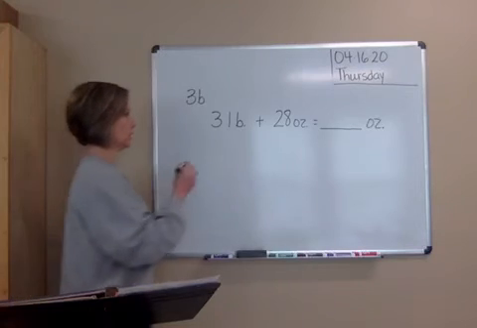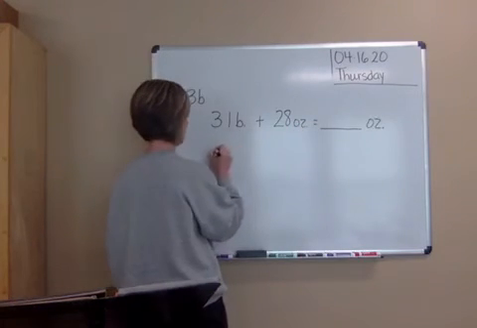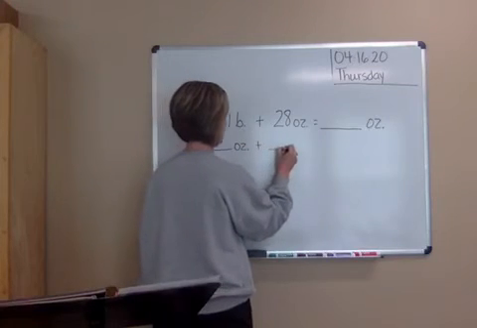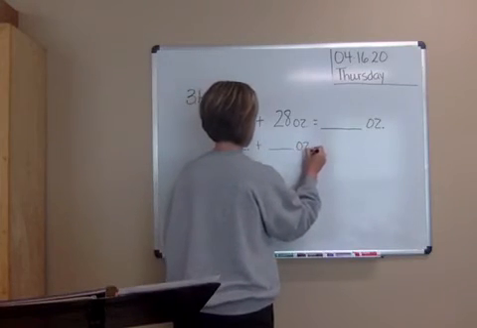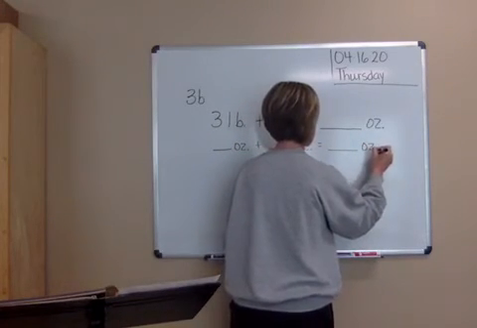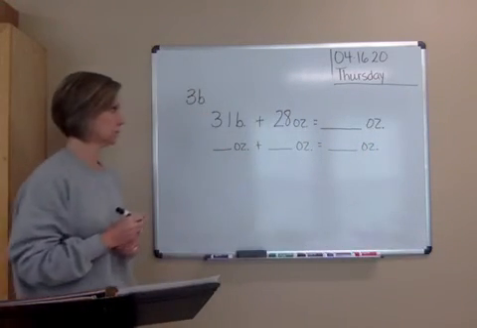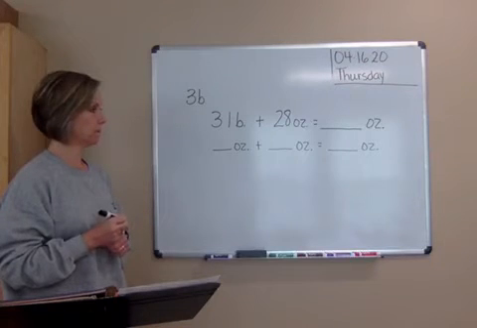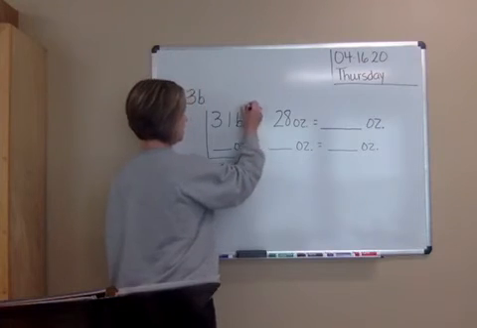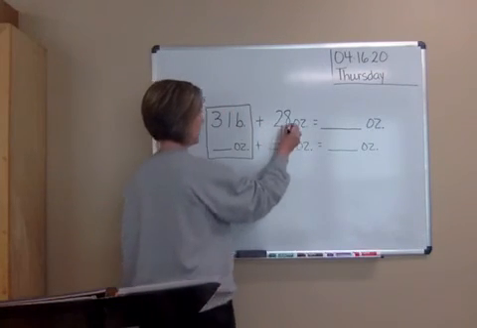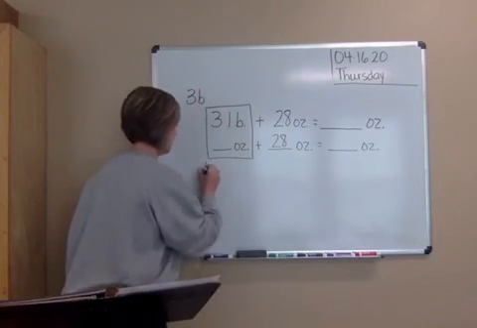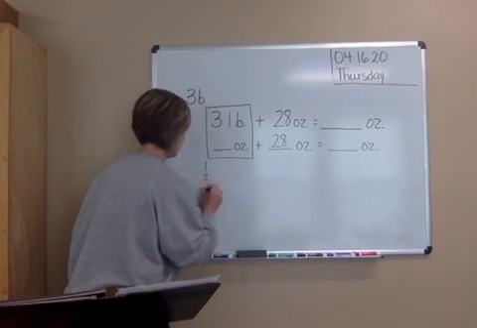And then you're going to come under. I'm solving for blank ounces plus blank ounces equals blank ounces. And then I get to work. My box will go here. I can bring down 28 because ounces and ounces are the same. And I start working right there.